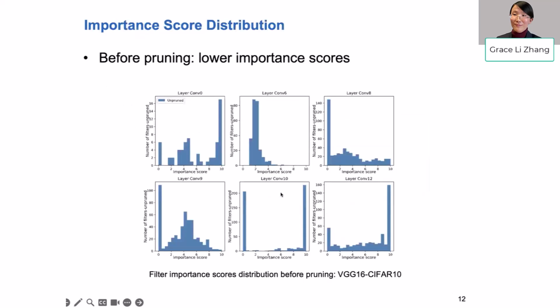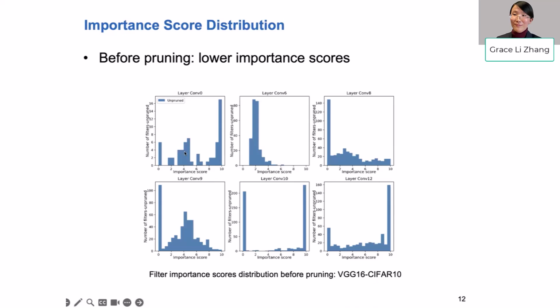Let's look at some experimental results. This figure shows an example of the neural network VGG16 on CIFAR10. Before pruning, the x-axis shows the number of classes. Since we are classifying CIFAR10, we have 10 classes. The y-axis shows the number of filters.